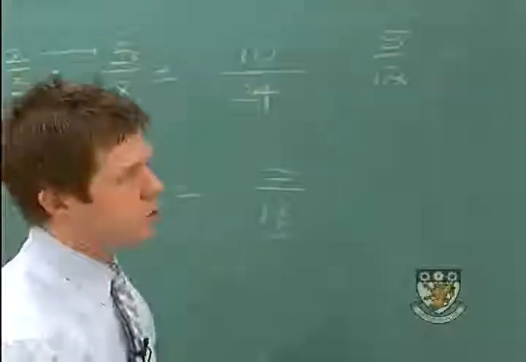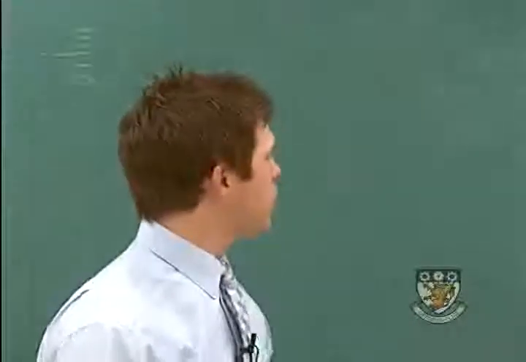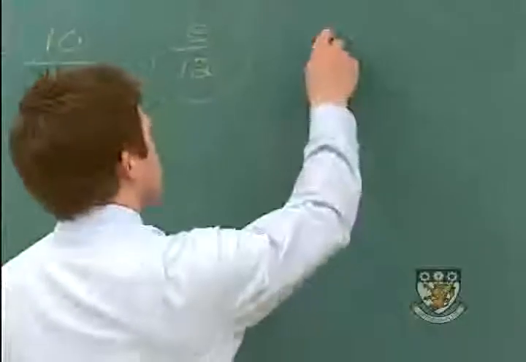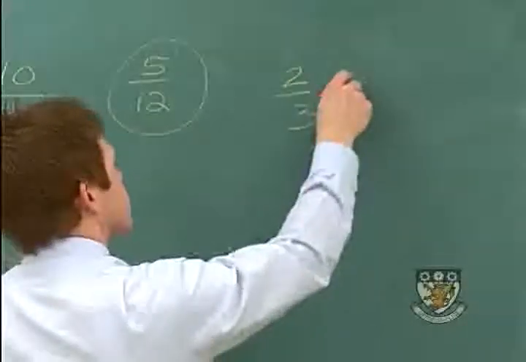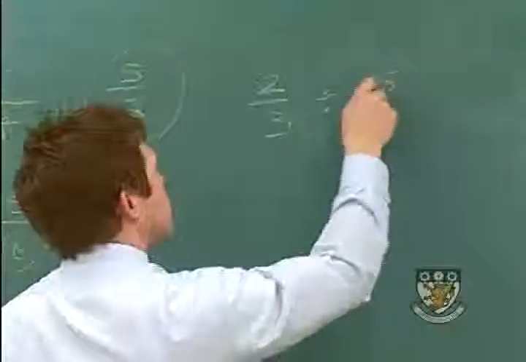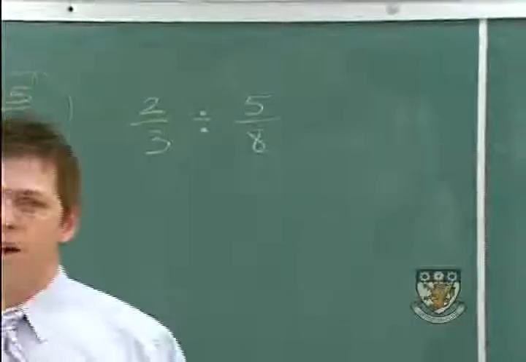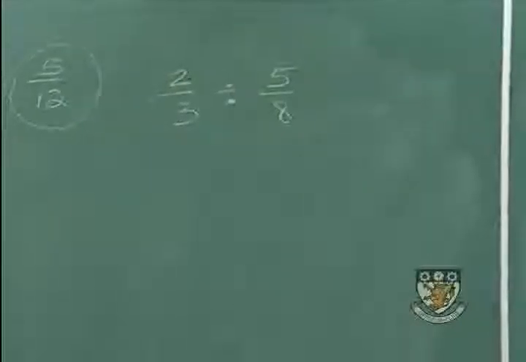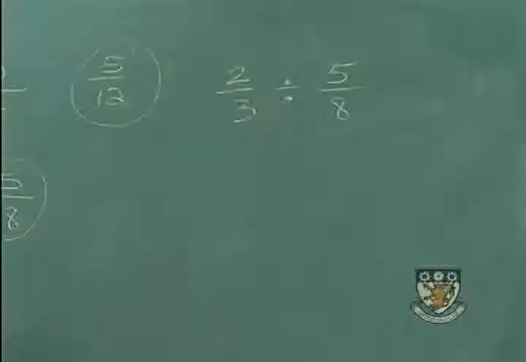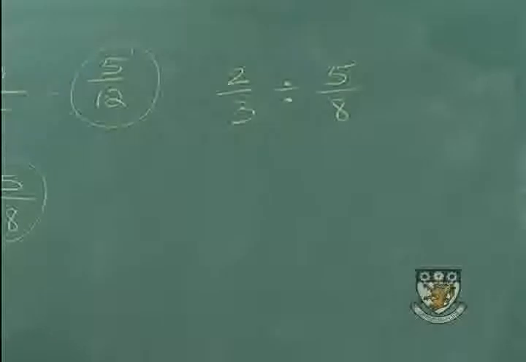Finding the quotient, or dividing them, is very similar, except for one extra step. Let's use our first two numbers. 2/3 divided by 5/8. What you do is it's called invert and multiply.